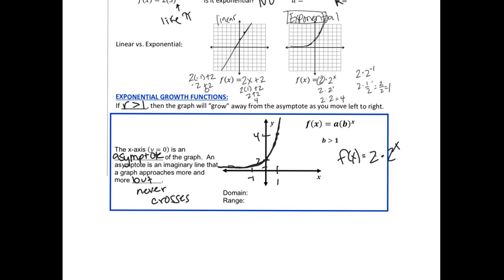As you get closer to the x-axis, the numbers get smaller, but it never crosses it. Therefore your domain would be all real numbers, but your range would be from 0, never equal to 0, to infinity, because this line keeps extending further up.